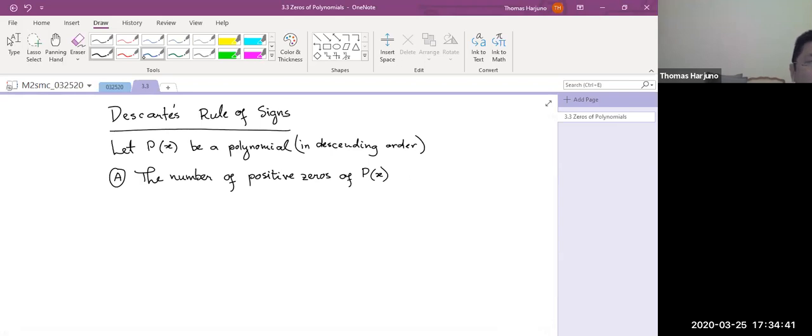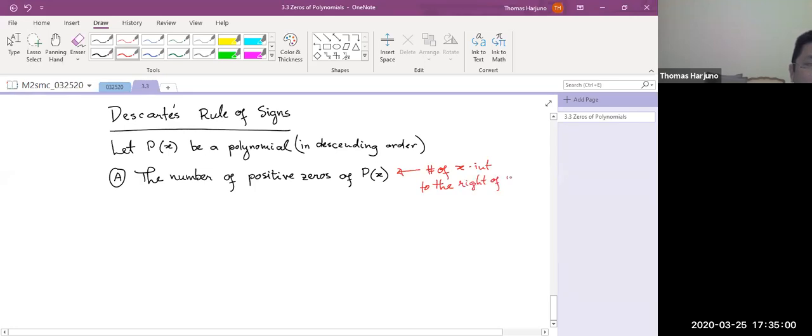Notice that this will also give us the number of x-intercepts to the right of the y-axis, up to multiplicity.